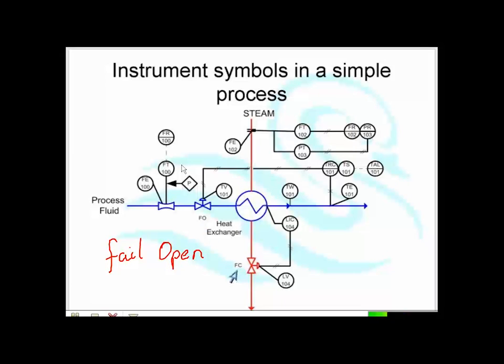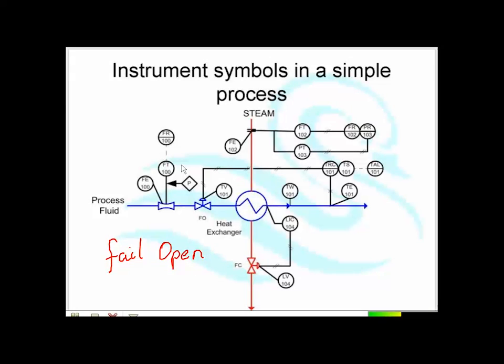I want this valve to fail close. That's fair enough if you look at it. This is steam. In the event of a fire, I want to shut the steam off. I want to open the water up, because this heat exchanger would have got very, very hot. So opening the water up would cool the heat exchanger down, because the last thing I want is for this heat exchanger to crack open.